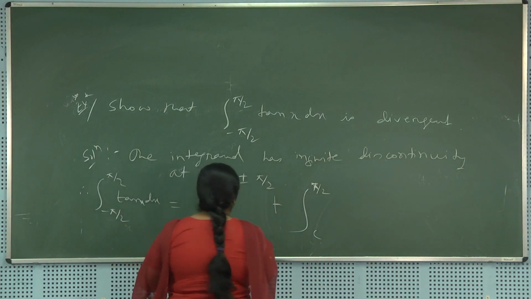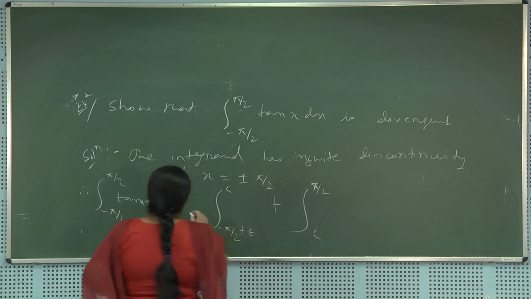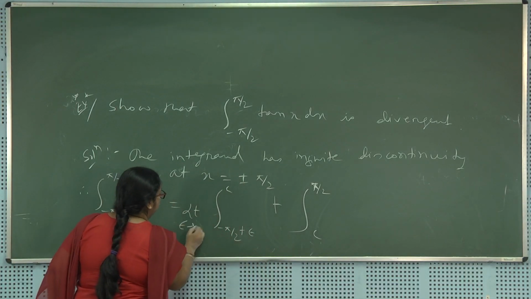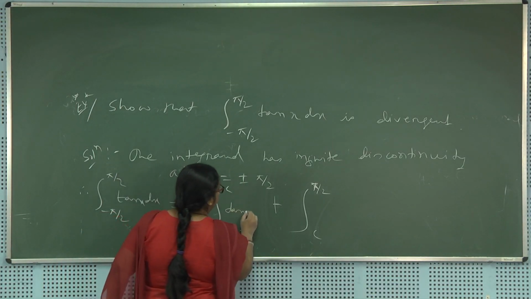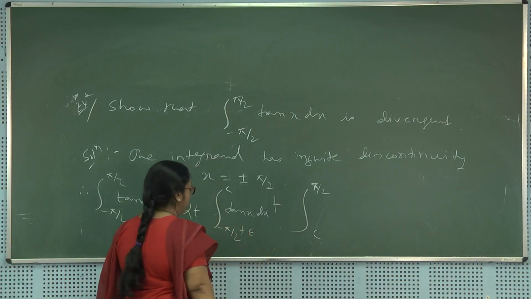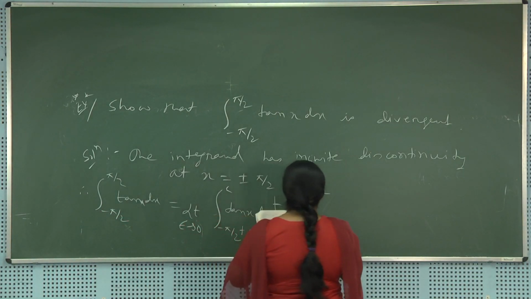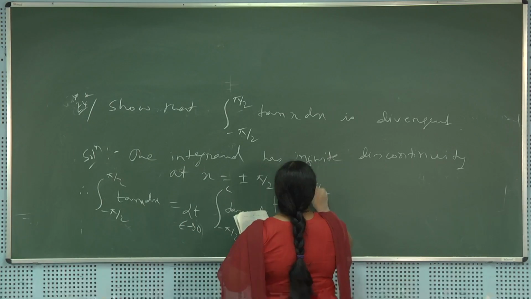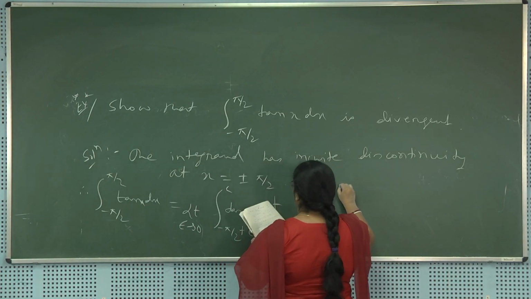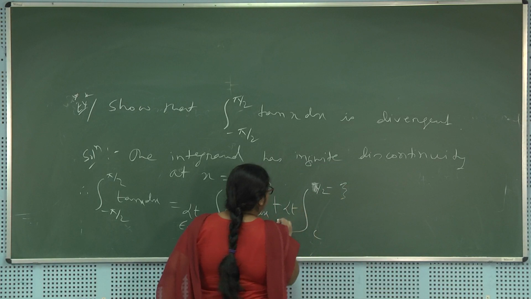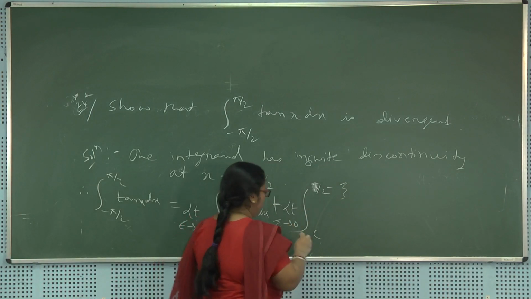So, it will be this: limit epsilon tends to 0 of the integral from minus pi by 2 plus epsilon to c of tan x dx, and this will be again the limit xi tends to 0 of the integral from c to pi by 2 minus xi of tan x dx.